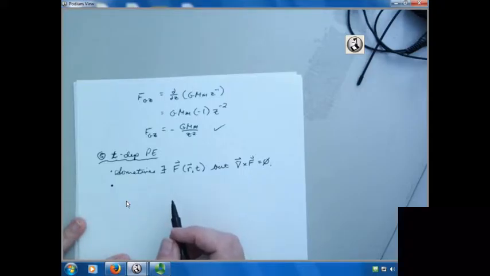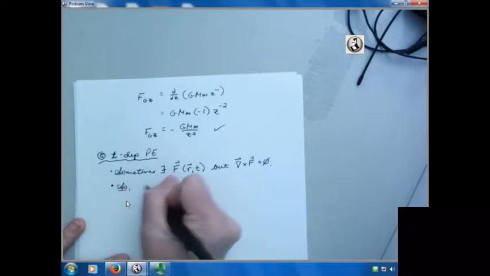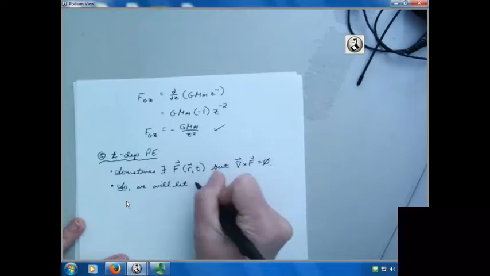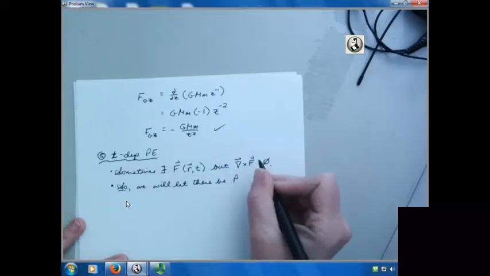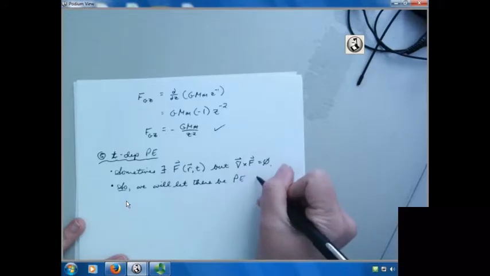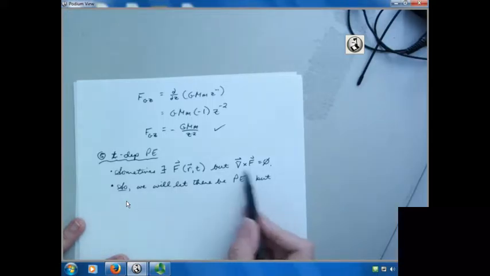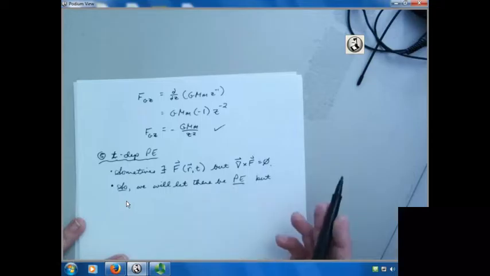So what that means is that we will let there be something that we're going to call a potential energy. Since this isn't actually a conservative force, we do have this function of location that's curlless, this thing that's going to be path independent, so we're going to choose to call that potential energy.